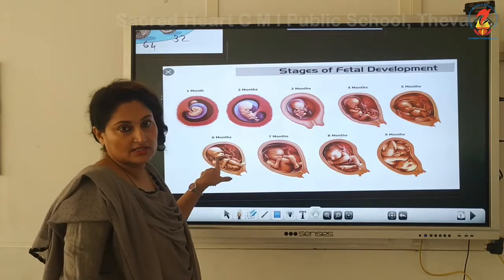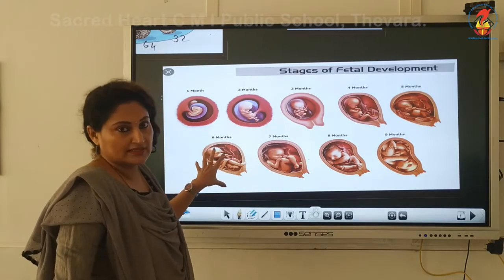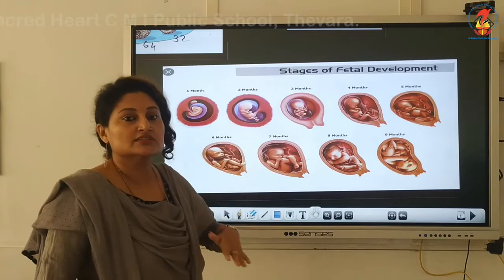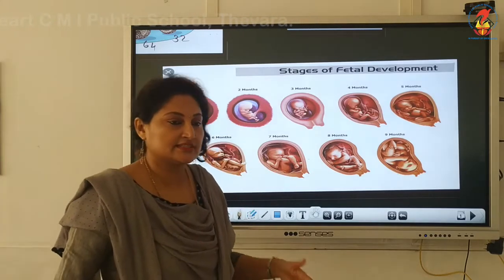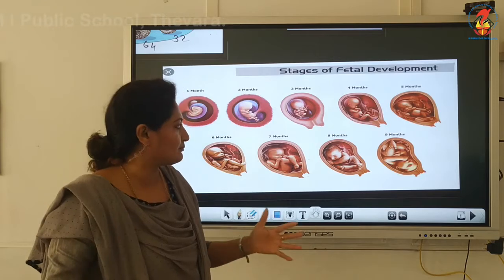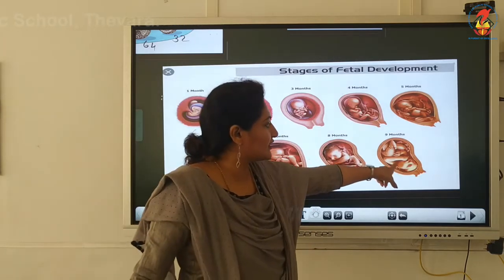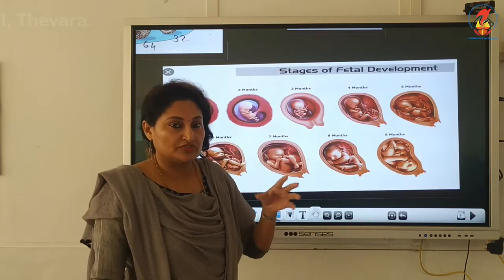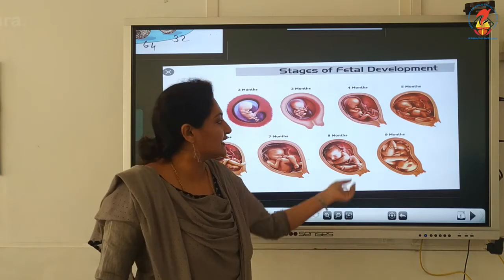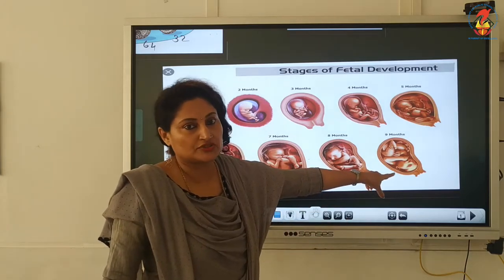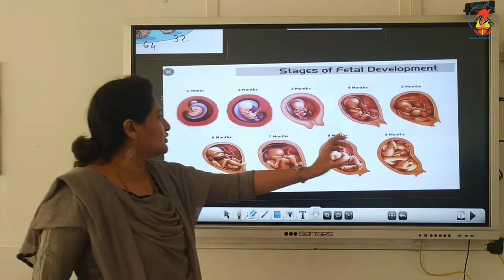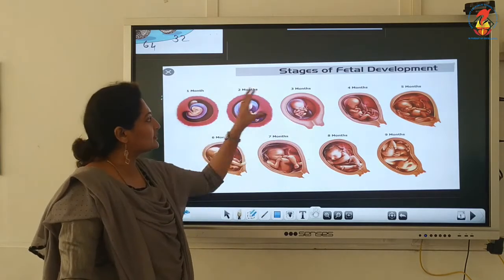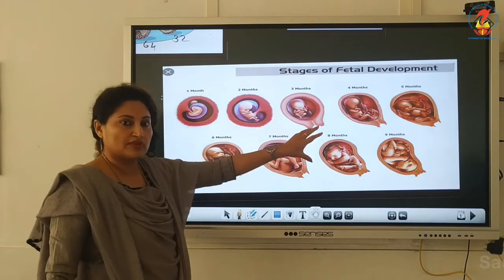So, that is the event occurring during the 6th month. 7th and 8th, further growth and development, just gain in weight. And in the 9th month, very crucial, the baby or the fetus changes its position, its head comes down, ready for parturition.